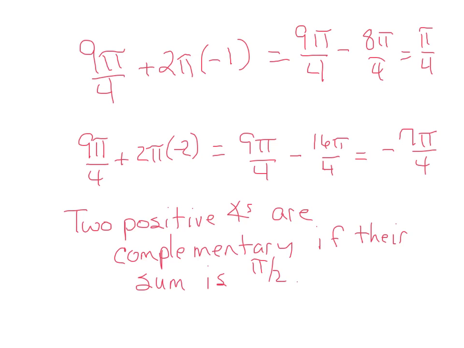What was the definition in geometry? Do you remember? 90 degrees. If we're dealing with degrees, two angles are complementary if they're positive and their sum is 90 degrees. We didn't have to worry about specifying positive angles because in geometry we didn't deal with negative angles. But here we have to think about that.